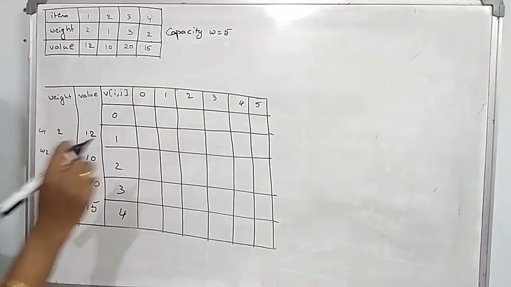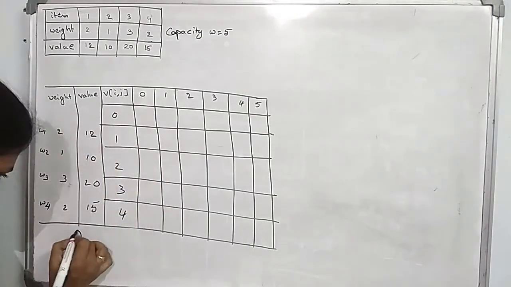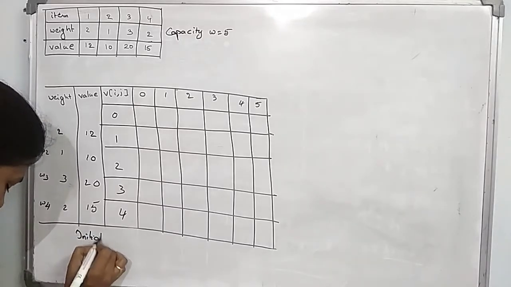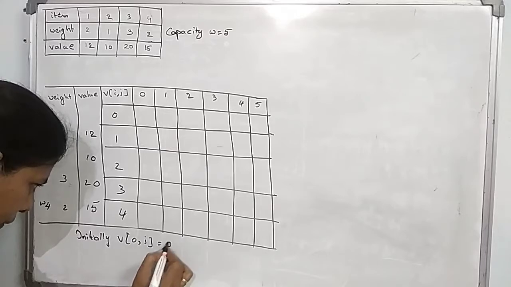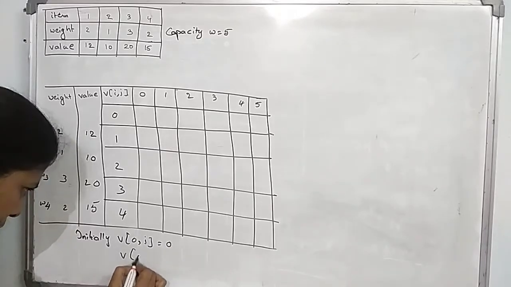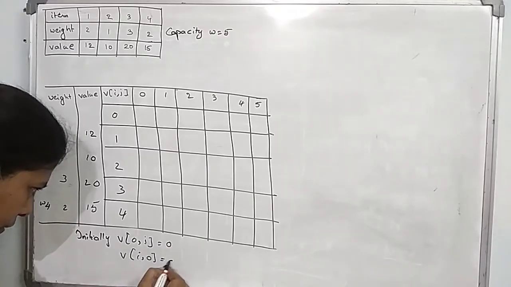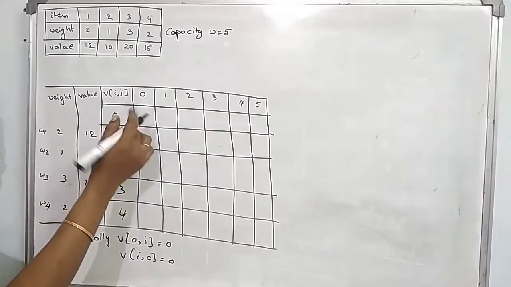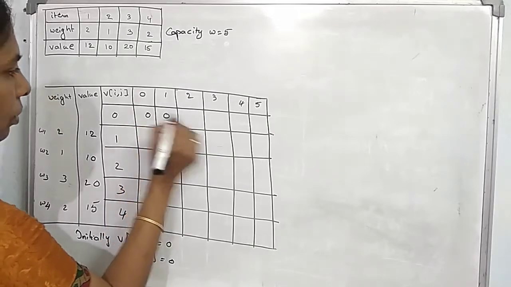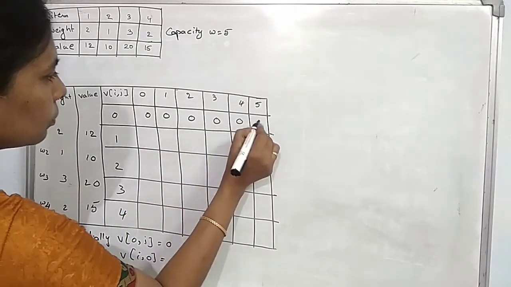If you want to start, first initially you can take V of 0 comma j equal to 0, V of i comma 0 equal to 0. So 0 comma j is set to 0. So initially you can set all the elements to 0.